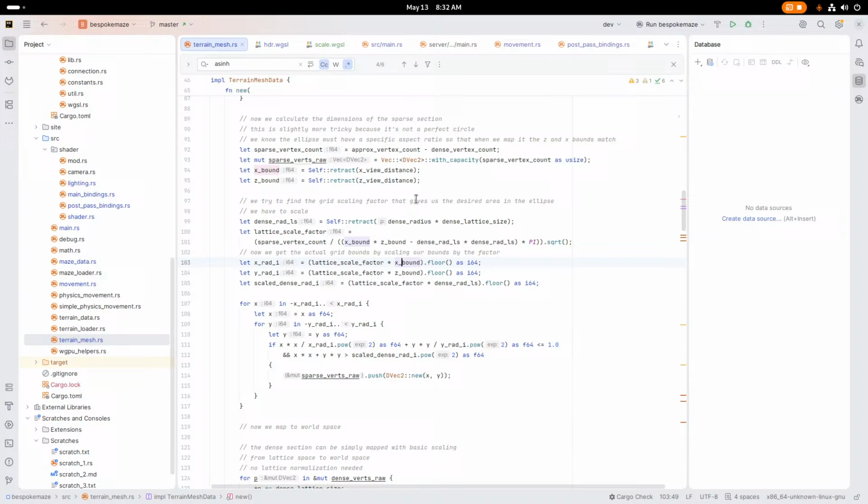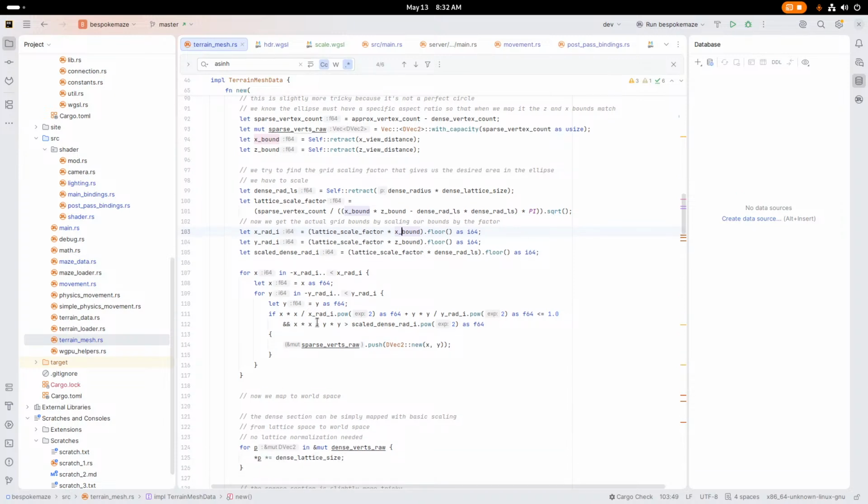Yeah, I guess what it comes down to is, we can ignore this. This is the important part.